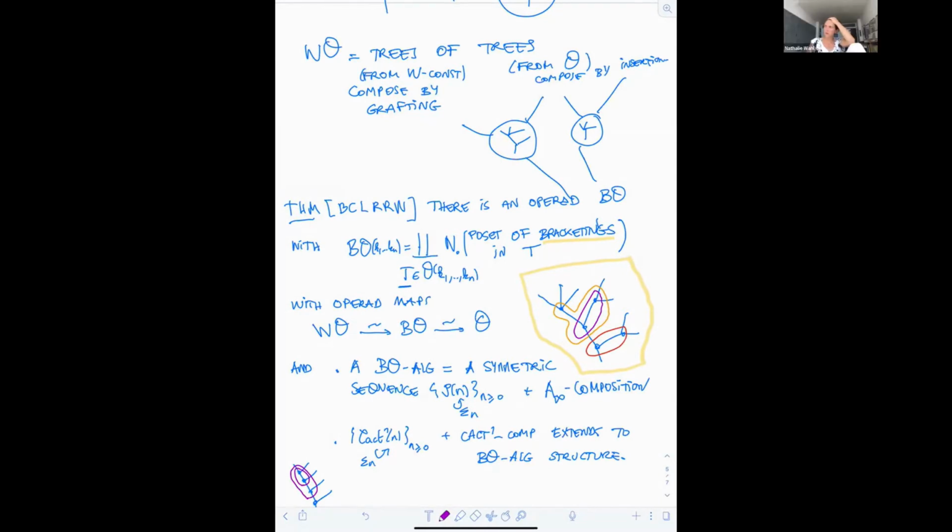Yeah, I think that's correct. That's exactly the relationship. There is a map from WO to BO, right? Well, that I don't know, we'll see. Sorry, I just wanted to make sure that I was understanding what the bracketings mean. Okay. Yeah.